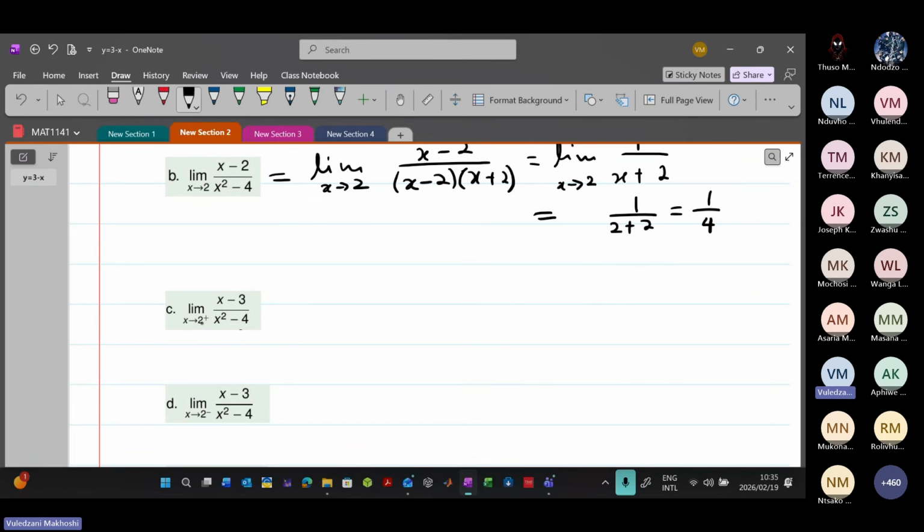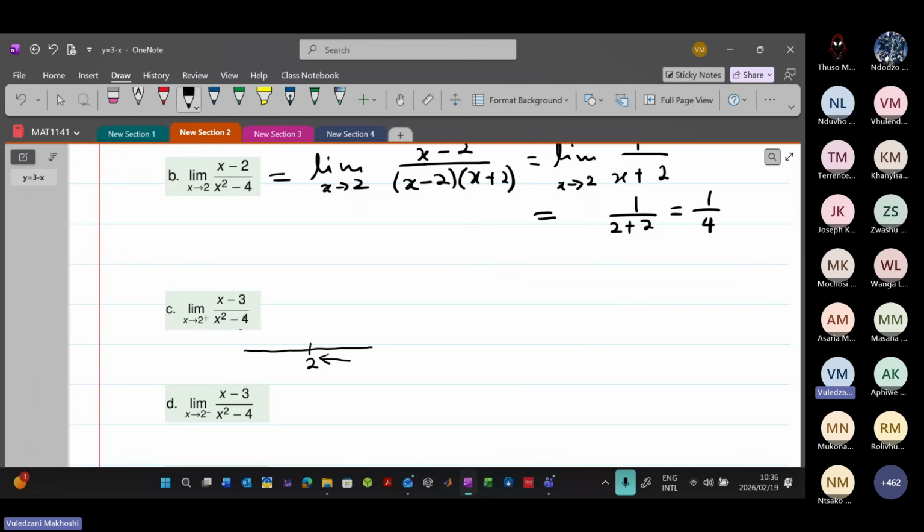If we look at a number line like this, and we have a 2 here, when we are getting closer and closer to 2 from the right, these numbers are bigger than 2. So if you take a number which is bigger than 2, you square it, you'll get something bigger than a 4.